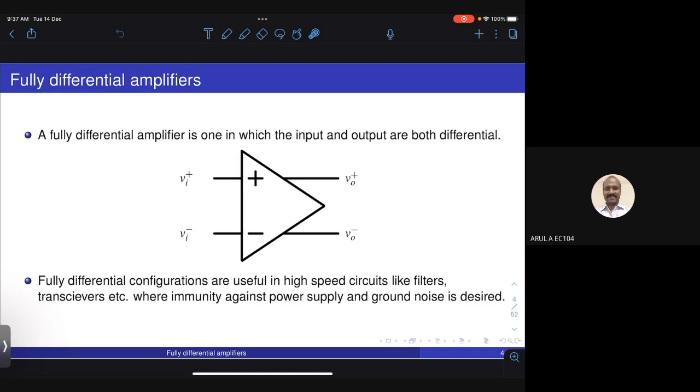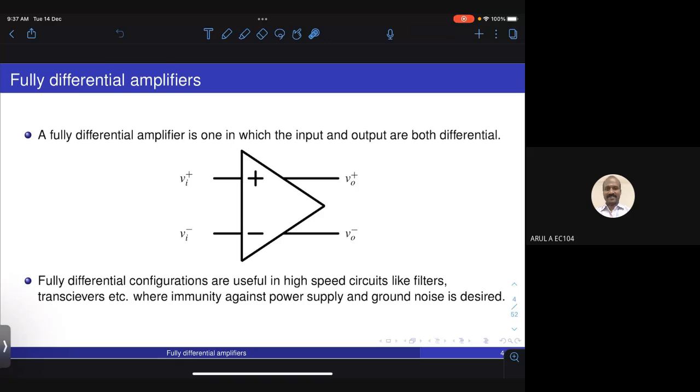So when you are having very high-speed circuits inside a chip, it's generally desirable to have fully differential signal chains throughout, so that at any point, even if you have some noise on the power supply or noise on the ground, it can be rejected by the high CMRR of the subsequent stages.